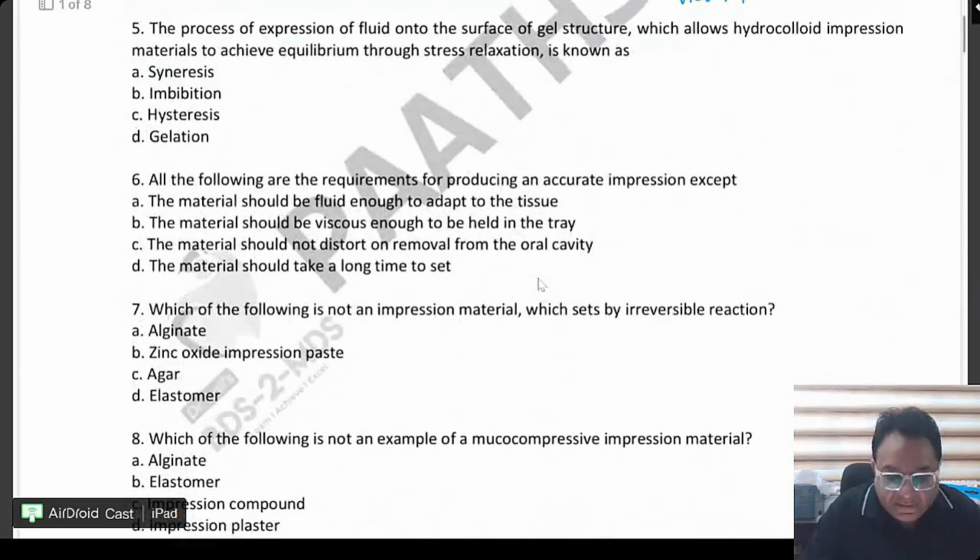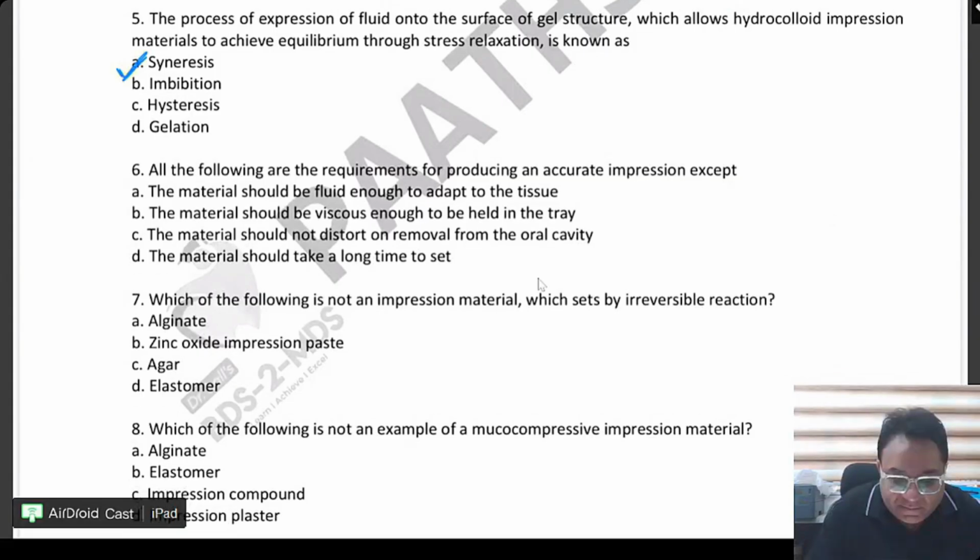Question number 5. The process of expression of fluid onto the surface of a gel structure which allows hydrocolloid impression to achieve equilibrium through stress relaxation. The long definition of syneresis. Opposite of syneresis is what?